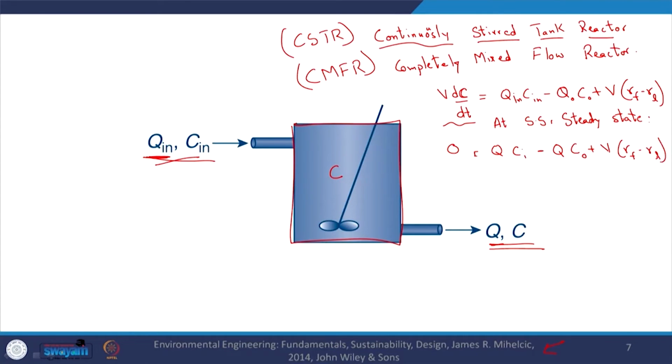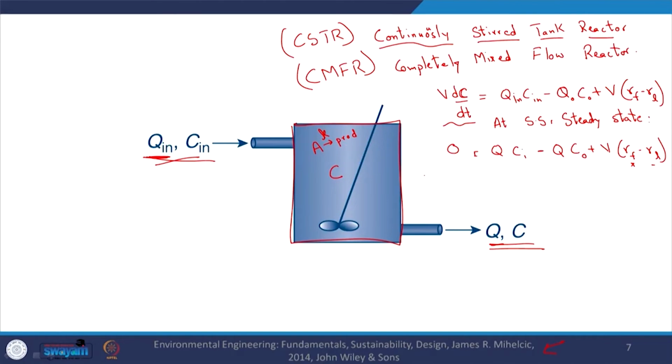Let us simplify this a bit further. Let us say I have no formation but loss. For example, assume that the compound of interest is being lost by a first order reaction. Let us say A is my compound of interest and it is going to products, and the rate constant is K. It is not being formed, and that is the reaction of concern here.